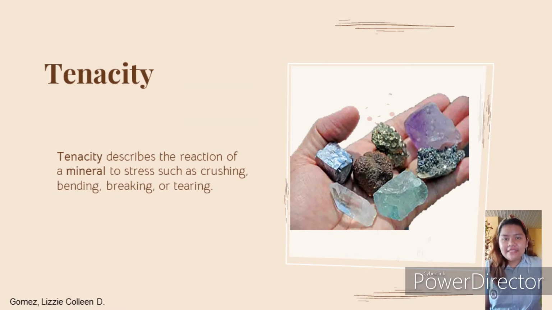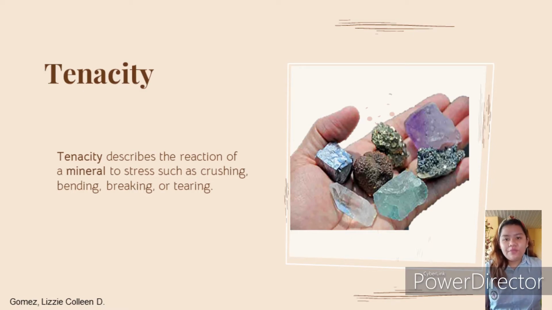Tenacity. Tenacity describes the reaction of a mineral to stress such as crushing, bending, breaking, or tearing. Certain minerals react differently to each type of stress. Since tenacity is composed of several reactions to various stresses, it is possible for a mineral to have more than one type of tenacity.